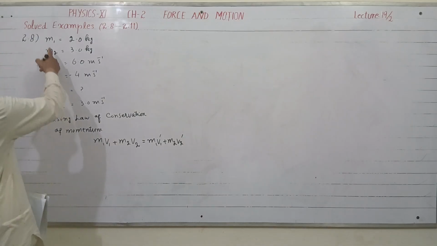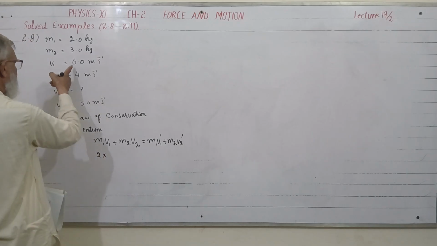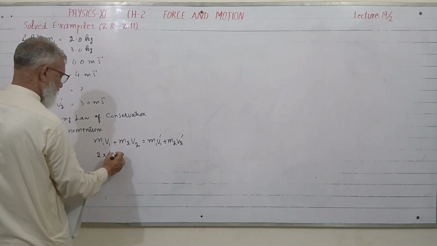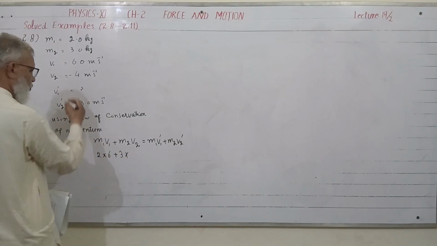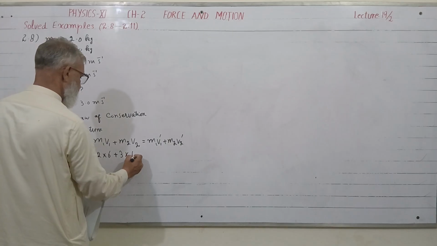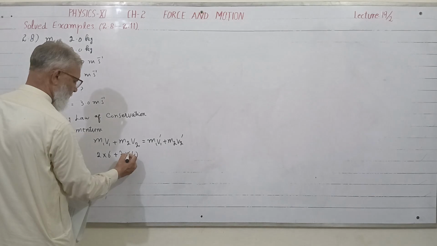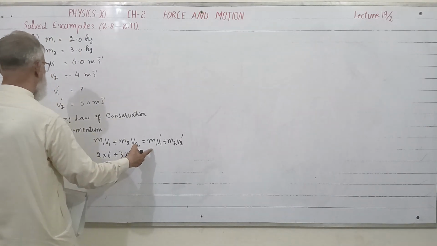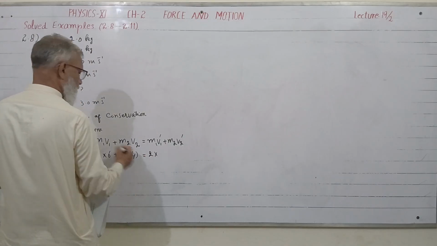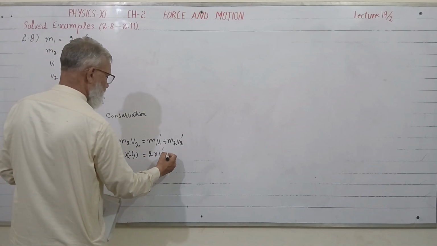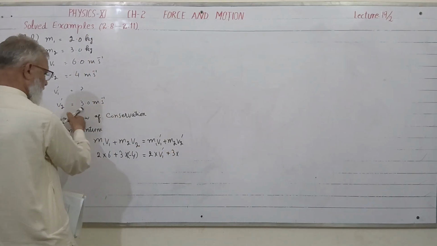Putting the values: M1 is 2 kilogram, V1 is 6, plus M2 is 3, V2 is minus 4, equals M1 2 times V1 prime, to be found, plus M2 3 and V2 prime 3.